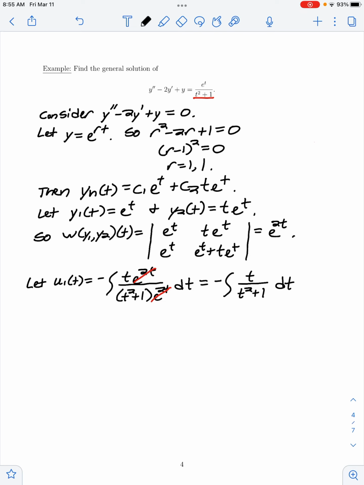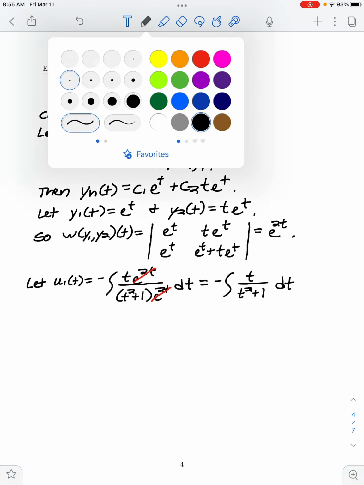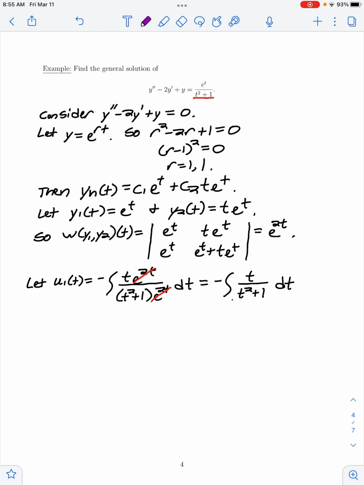And we can evaluate this by making a substitution. So here, if I consider a substitution of u equals t squared plus 1, then du would be 2t dt.